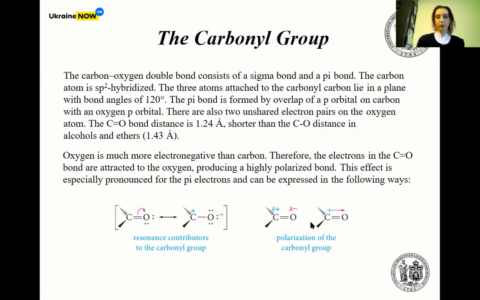Here a partial negative charge is formed. At carbon a partial positive charge is formed. And this arrow shows the polarization of the carbonyl group. And here we have the resonance between this form where we have a double bond and this form where we have a positive charge at carbon and negative charge at oxygen. And in real conditions, we have something in between.